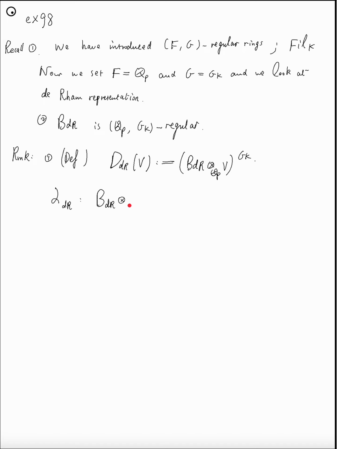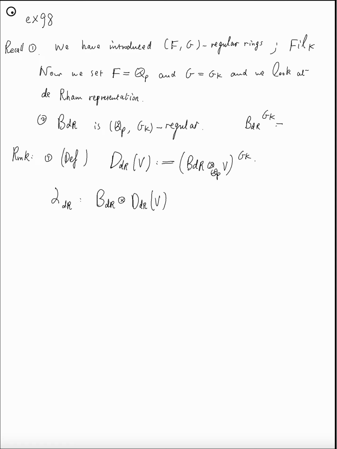So it tells us that if you first apply this, tensor with B_dR and take the point fixed by J_K. So let's quickly recall what it is: B_dR fixed by J_K.